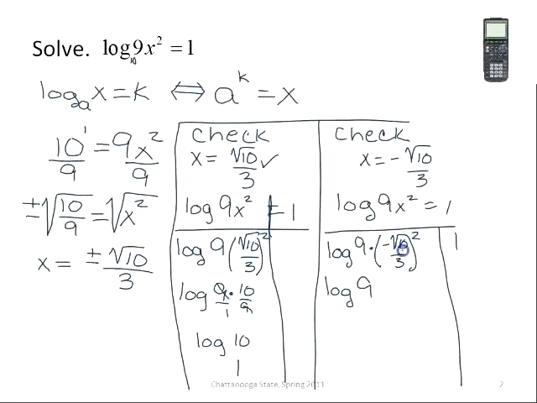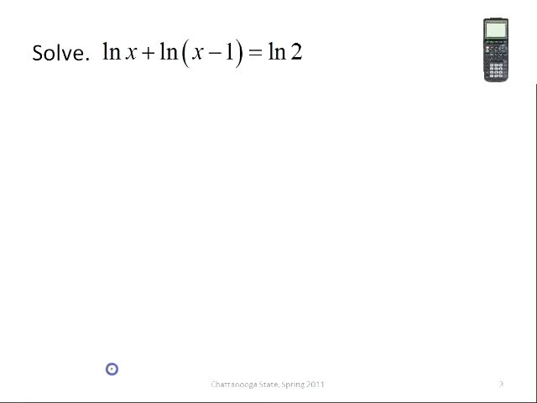And I want to see if that's going to give me this 1 over here on the other side. So let's see. When I square the negative square root of 10, I'm going to get 10. And when I square the 3, I'm going to get a 9. So once again, this left side of the equation is the log of 10. The log of 10 is 1. So actually both of these answers work in this equation.